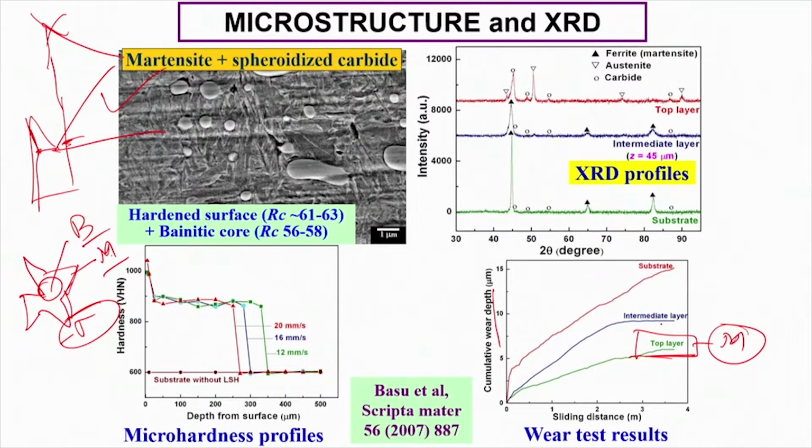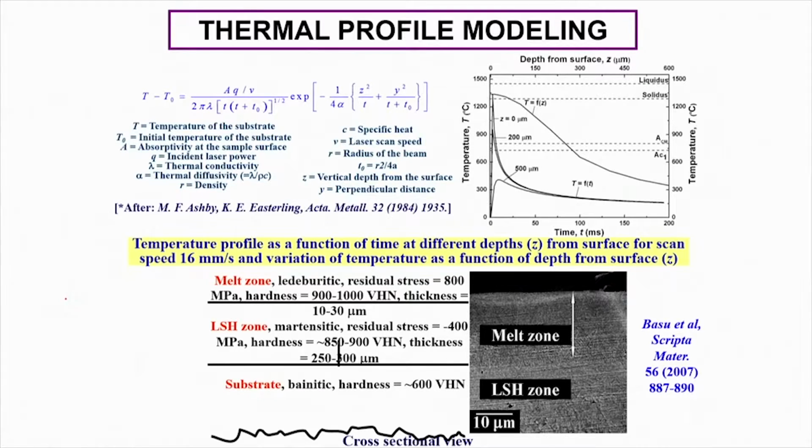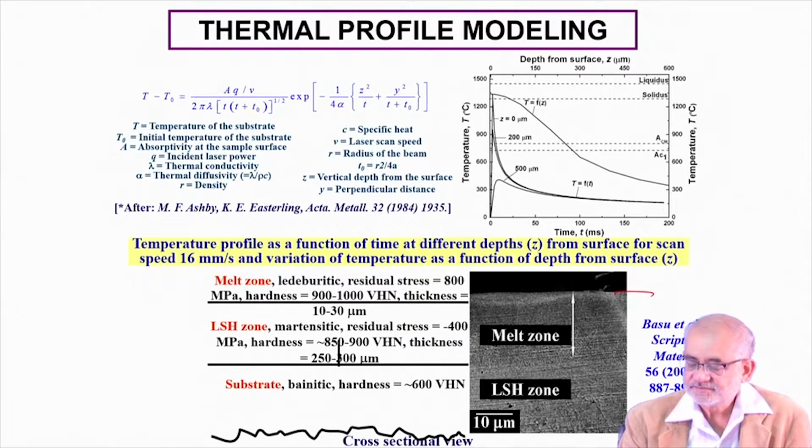This combination certainly is more desirable than hardened and tempered up to a greater depth, because in that case we have a softer core to absorb energy, and as a result the rolling contact fatigue or the overall toughness of the material will be higher. So in order to do that, it's important that we make sure that surface melting is avoided.